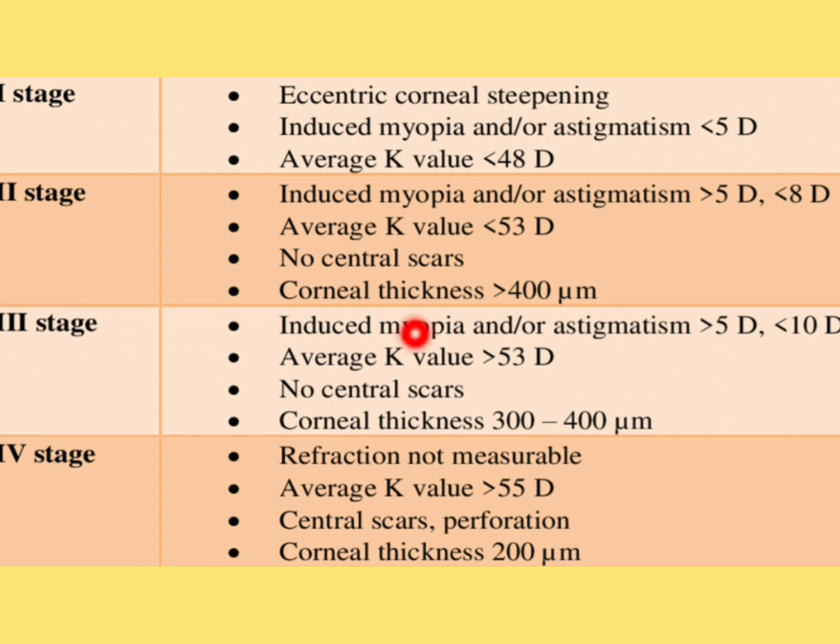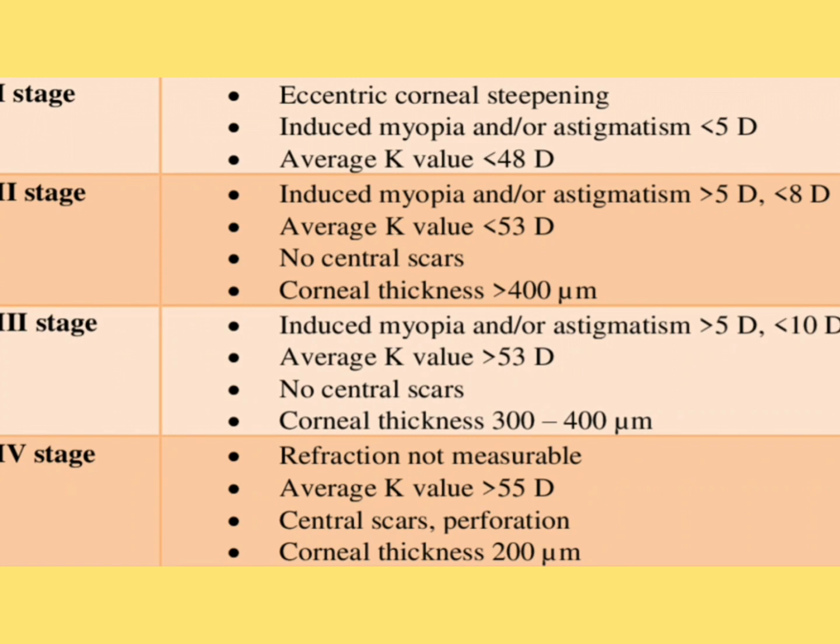In stage 2, more than 5 diopter of myopia and less than 8 diopter of astigmatism is there, as well as Kmax value less than 53 but more than 48, and corneal thickness more than 400 but less than 500. That is stage 2.